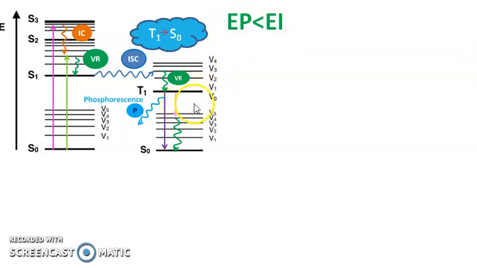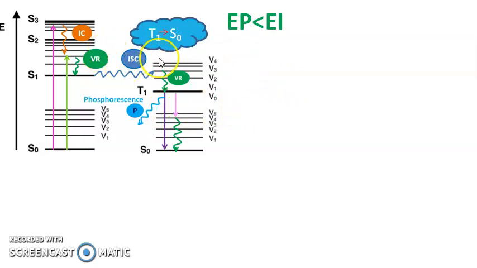But the opposite is true with respect to wavelength, because energy and wavelength are inversely proportional. And as in the case of fluorescence, since the system from T1 can move down to any of the vibrational levels of S0, we can have phosphorescence radiation over a range of wavelengths.